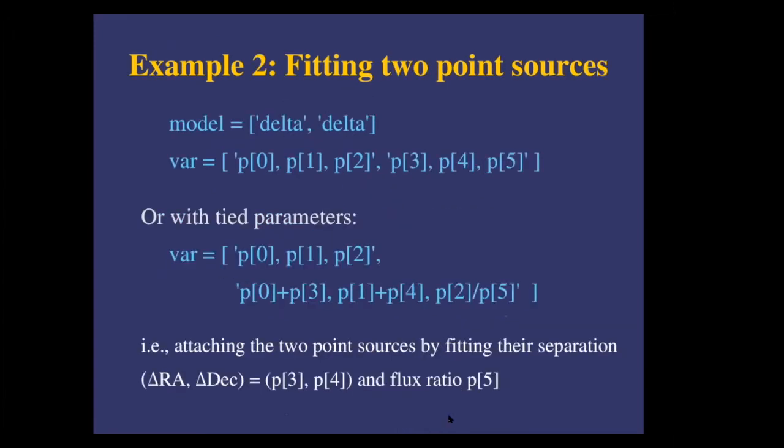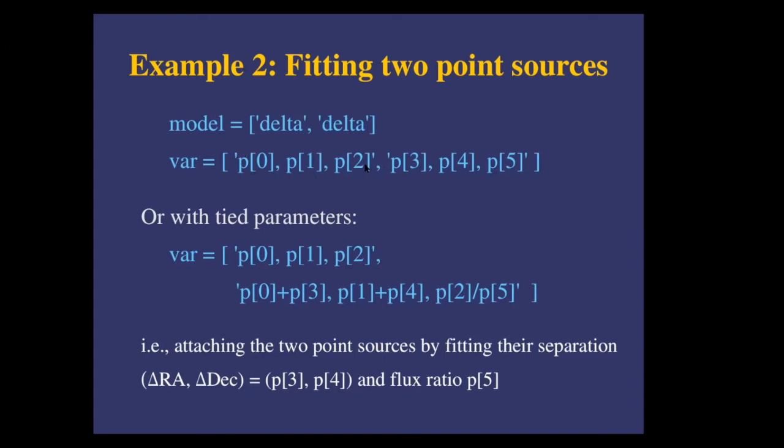Okay, so now I just want to make it a little bit more complicated, by adding another point source. So now we'll try to fit 2 point sources. So now you just specify your model as a list of the 2 components. So the first one, delta, the second, point source. And now you have to specify the parameters for each of these components.